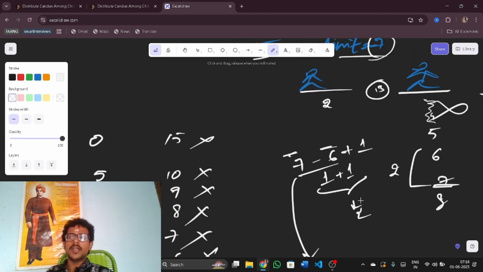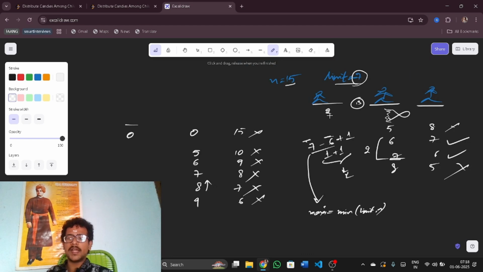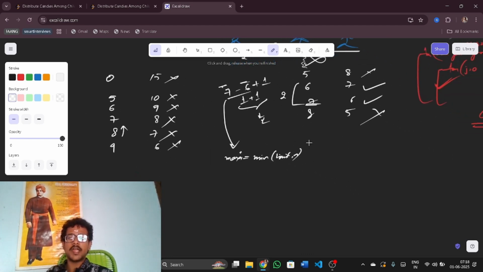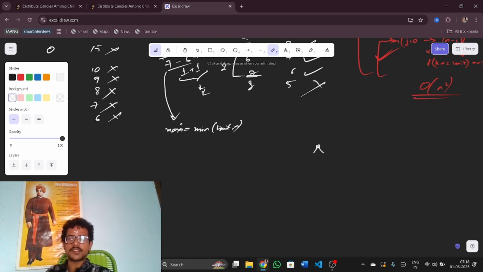Right? Now, let me take this as 13 candies. If I give the first child 13 candies, the remaining number of candies is just 2, and the limit is 7 and n is 15.